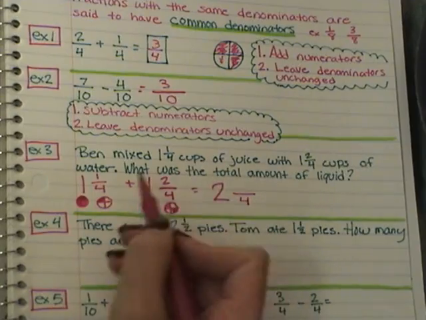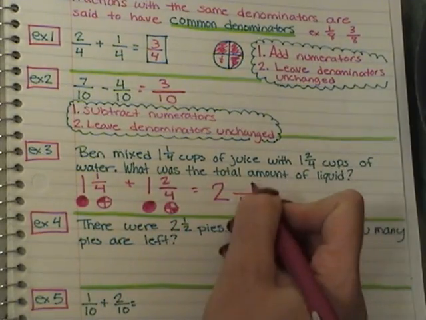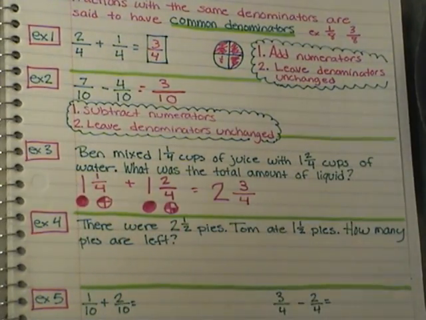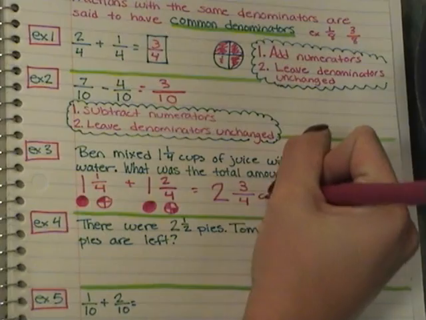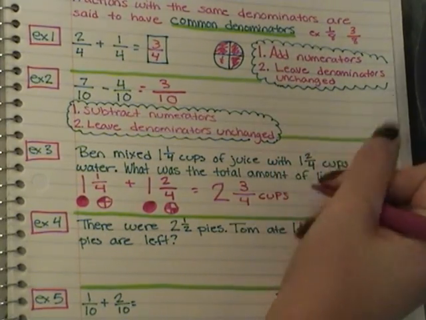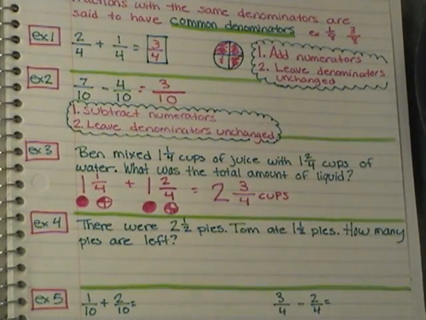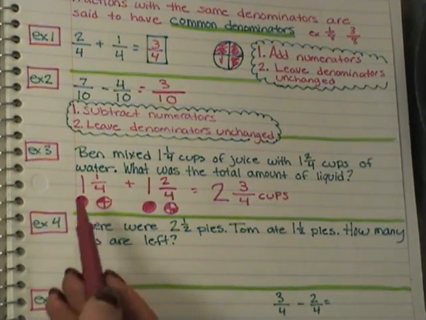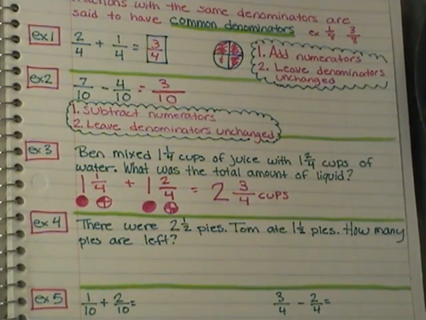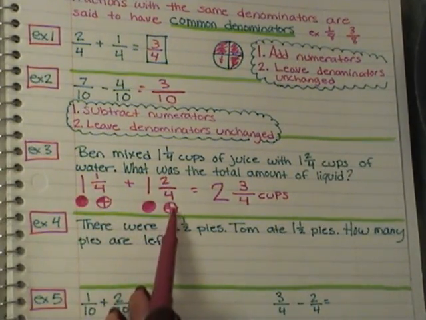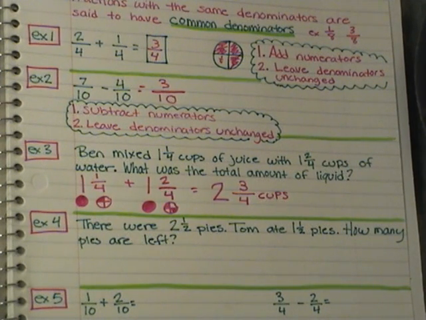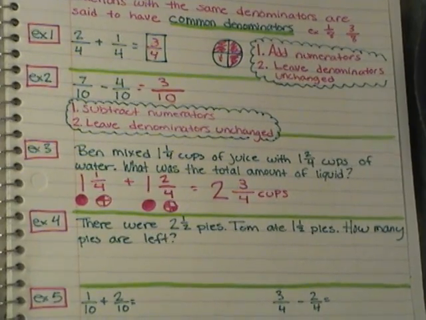Then I'm going to add my numerators, 1 plus 2, and I get 3. 2 and 3/4 cups. And that was the amount of liquid, so you could write cups. Sometimes it may be easier to draw a picture if that helps you. So you could take 1, 2 as your whole, and then count 1, 2, 3 pieces. But remember, all you do is keep the denominators the same and just change the numerators.